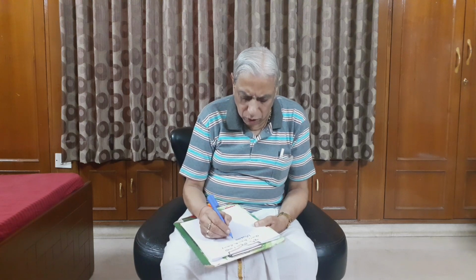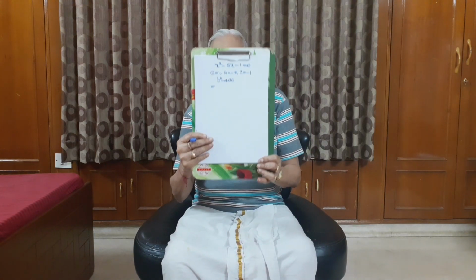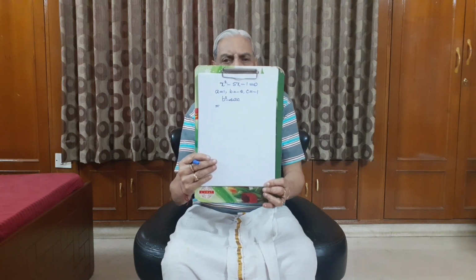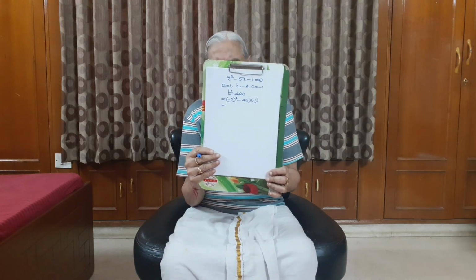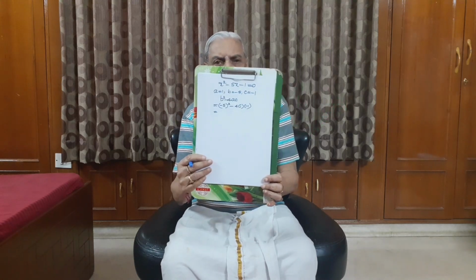What is the value of b? Minus 5 the whole square, minus 4ac, 4 into 1 into minus 1. Simplify it.